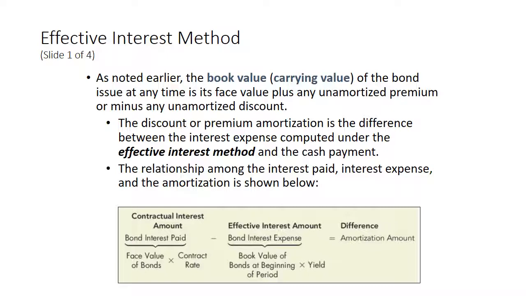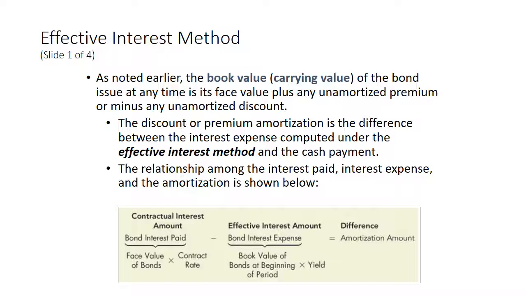You take your latest balance, so the book value at the beginning of the interest period, times the effective or market rate of interest, times time, 1 or 1/2, depending on how often the interest is paid. That's how much you debit interest expense for.